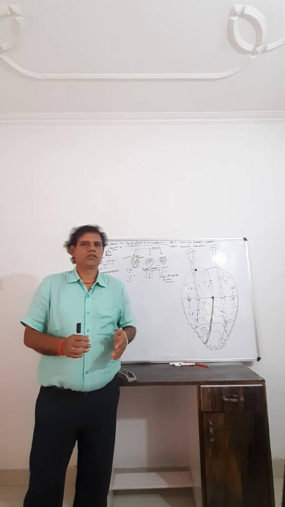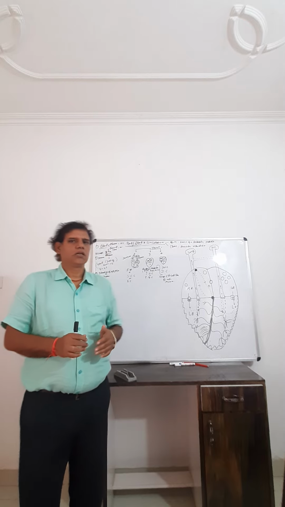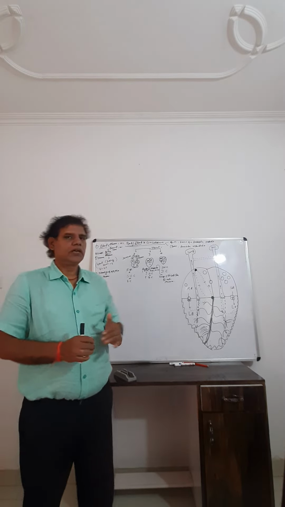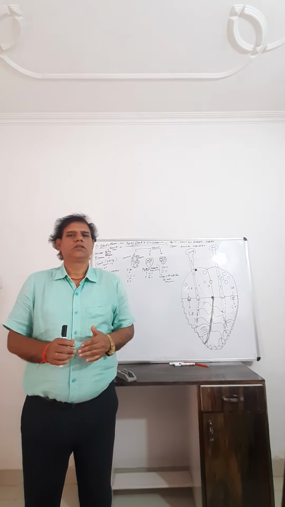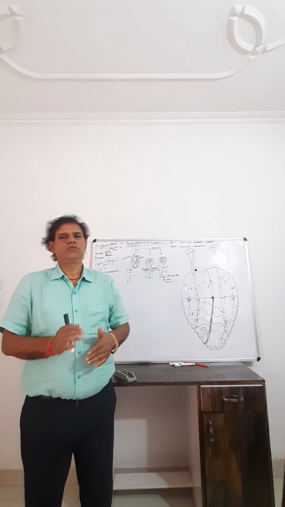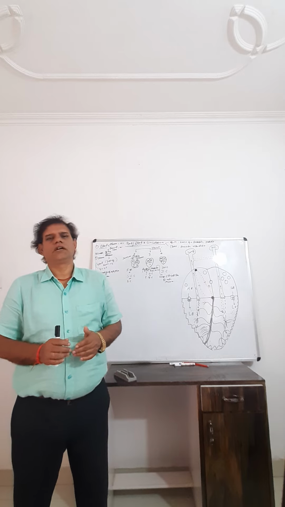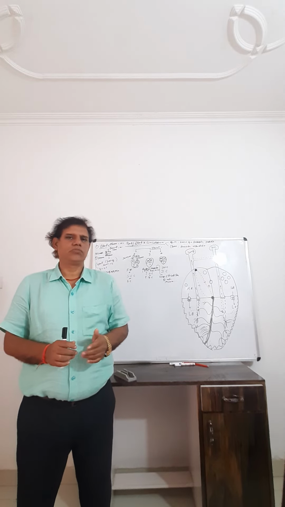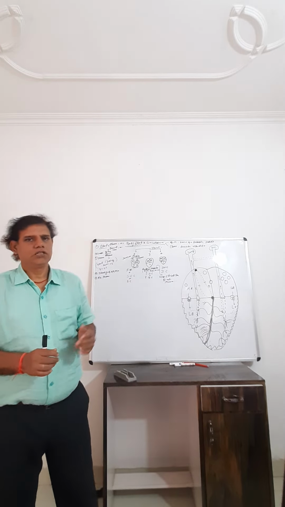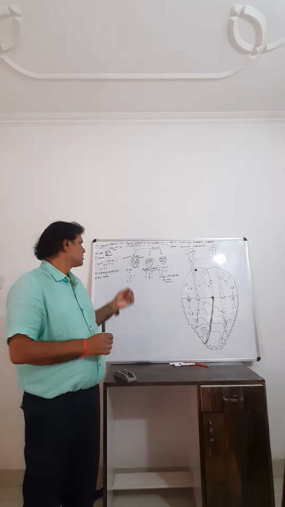One is plasma, that is 55%, and the second is the formed elements, that is 45%. The formed elements consist of cells: red blood cells (RBC), white blood cells (white blood corpuscles), and thrombocytes, that is platelets.